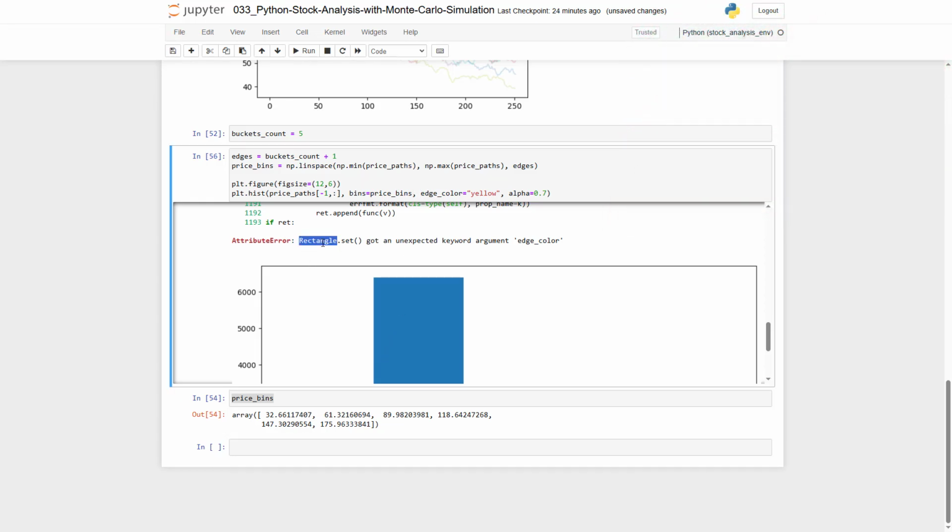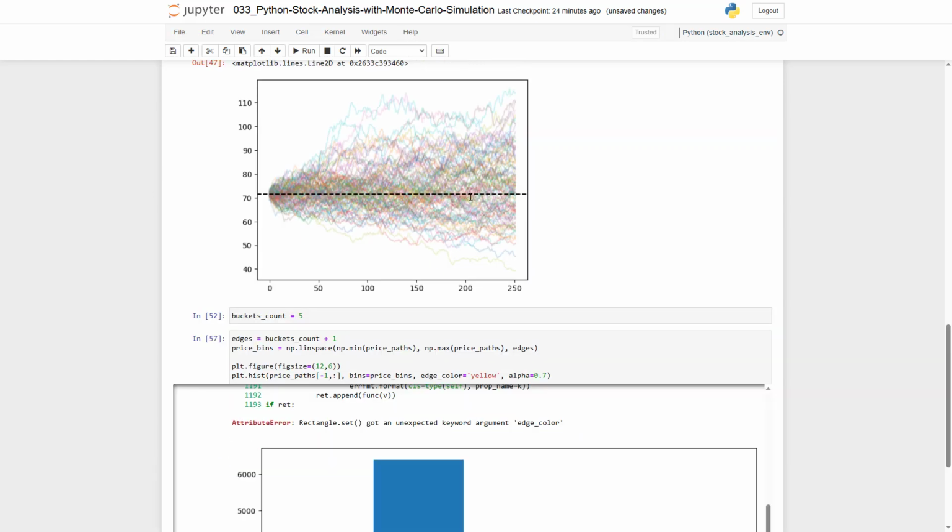What it doesn't like: Rectangle.set got an unexpected keyword argument eachcolor. Okay, this shouldn't be fixing it, but sometimes it does. Okay, what about blue?